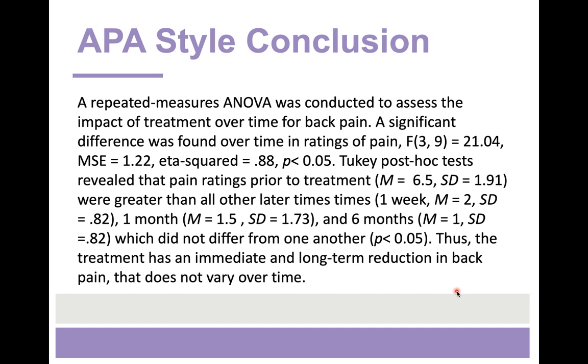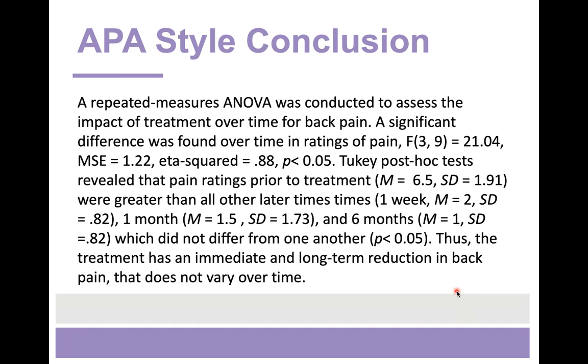F(3, 9), those are our degrees of freedom we used, 3, which was between treatments degrees of freedom, 9, which was error degrees of freedom, equals 21.04, that was our F value, MSE, mean squared error, equals 1.22, that was the denominator of our F value. Eta squared, which was our effect size, was 0.88. P was less than 0.05 because we were significant, and that was our alpha.